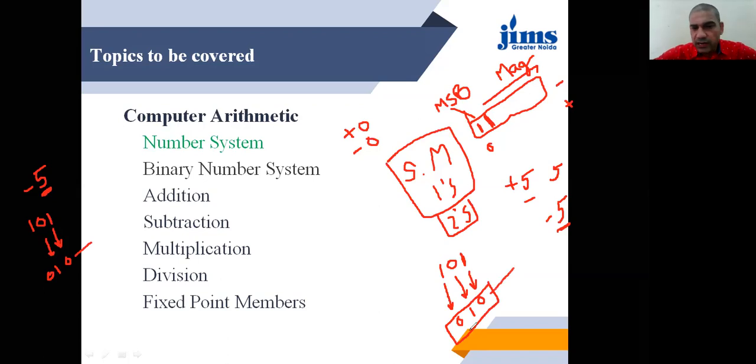These two are the same, you can see from here. Then the next step is to add 1 to this. So this is 110. So the twos complement of 101 is 011.